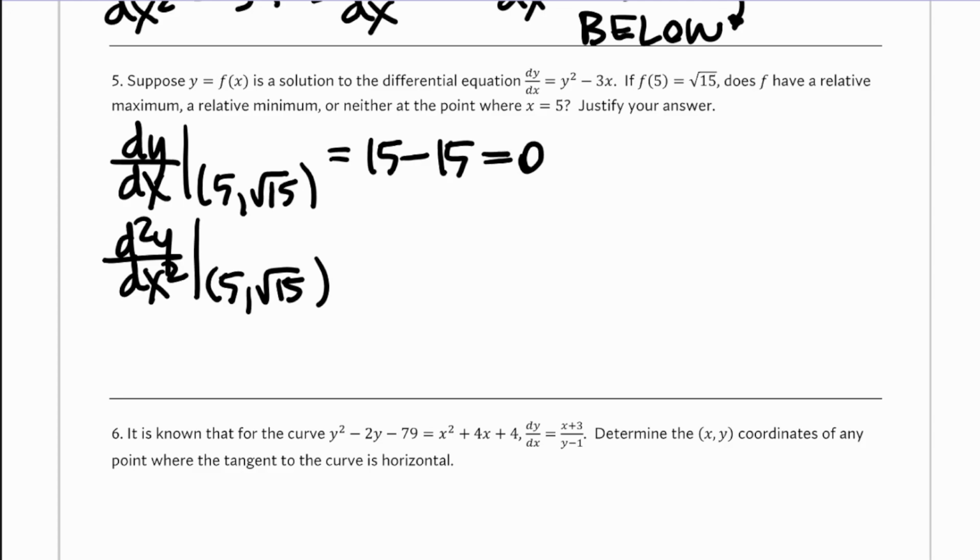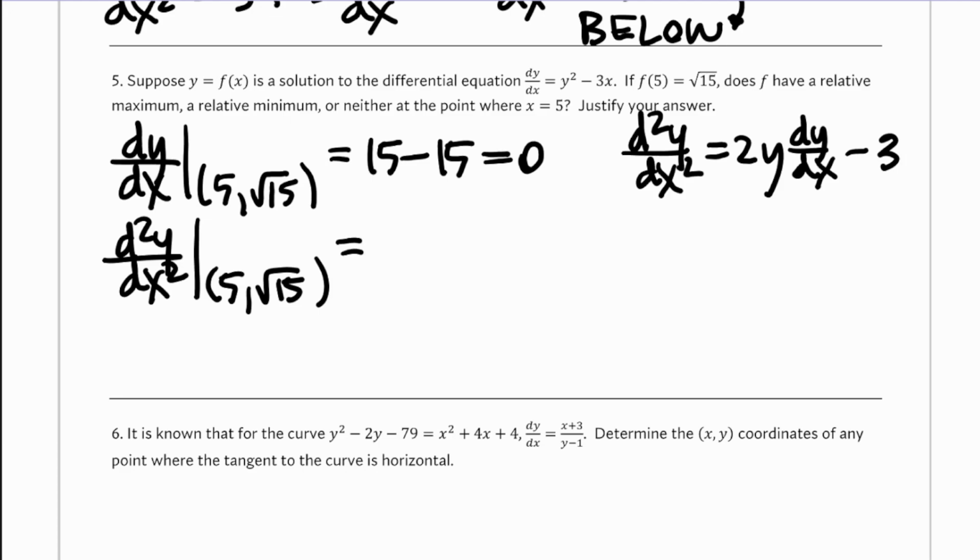If I have dy/dx equals y squared minus 3x, I could take the derivative of both sides of that equation, and I'd get the second derivative of y with respect to x is going to be 2y dy/dx minus 3. Okay. So this would be 2 times y times dy/dx minus 3, which is going to be a negative number. And since the derivative is 0 and the second derivative is negative, I'm going to say I'm at a relative maximum.